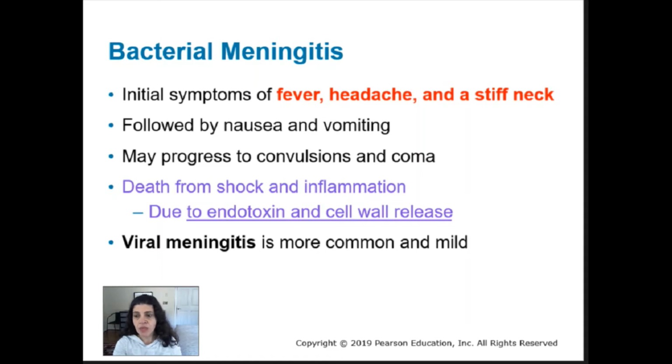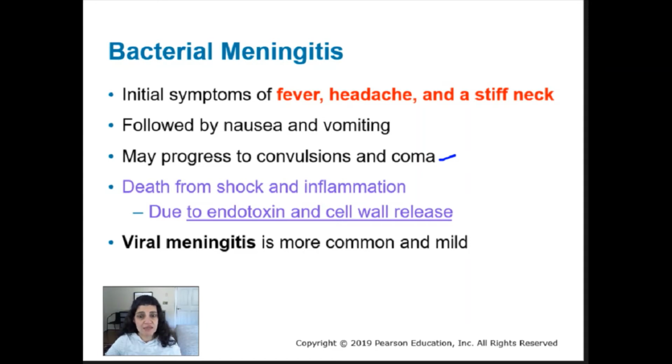Later on you would have other symptoms like nausea and vomiting. These bacteria that cause meningitis also cause sepsis, so that's another complication that can come from bacterial meningitis. It can progress to convulsion and coma and death, because by sepsis they can cause shock and that general systemic inflammation.